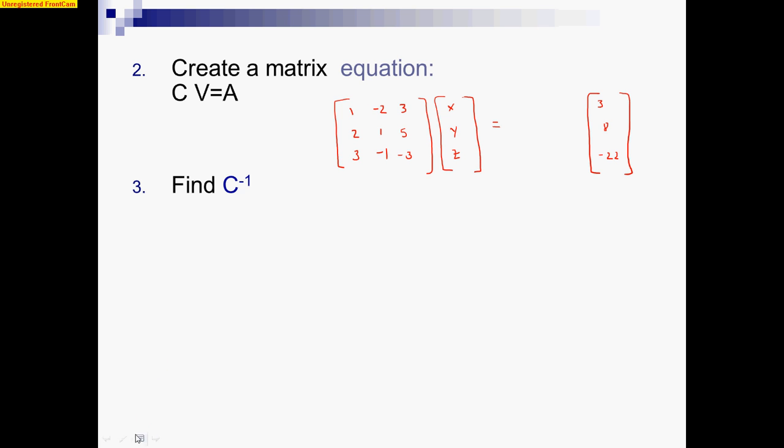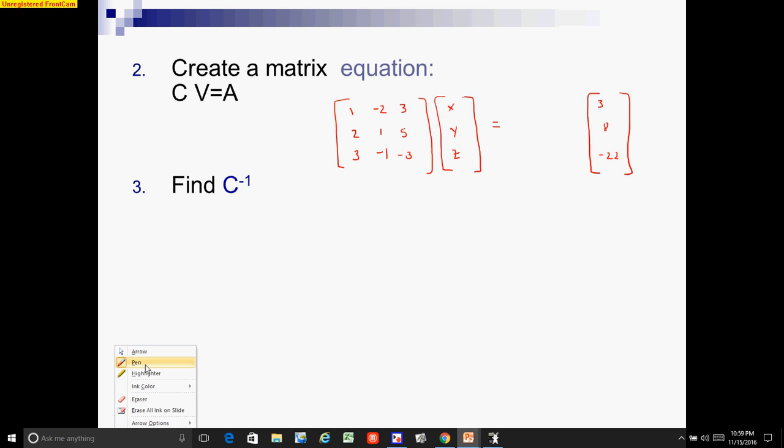And what I'm going to do, just like I did before, is multiply the matrix I'm trying to get rid of on the left side by C inverse, which means on the other side of the equation I have to find the matrix and multiply on the left side.